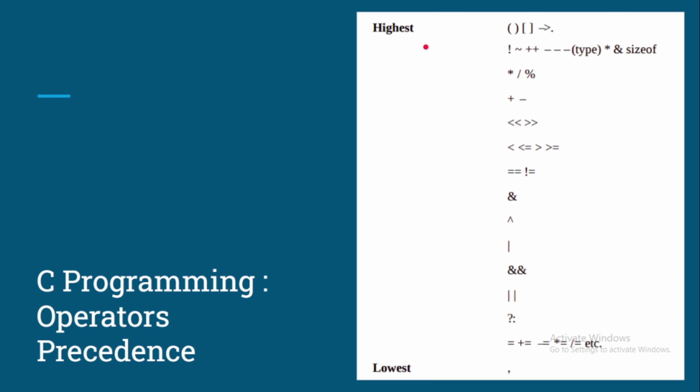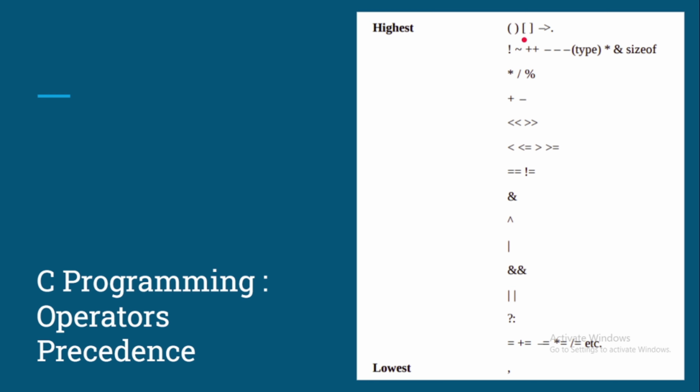So first of all, from here we have the highest to lowest precedence, and the lowest one is here. In simple words, as I already explained, the order of execution of operators by the compiler is known as operator precedence. It is a very simple mathematical way to understand.